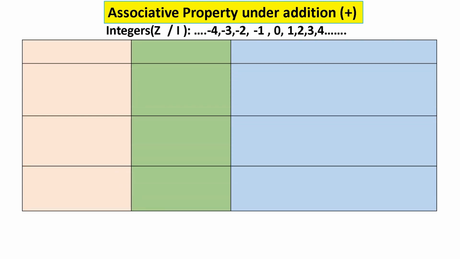Associative property under addition. Now statement 1, statement 2 and conclusion. So here we take 3 integers. If we add 3 integers, we cannot add 3 integers at the same time.